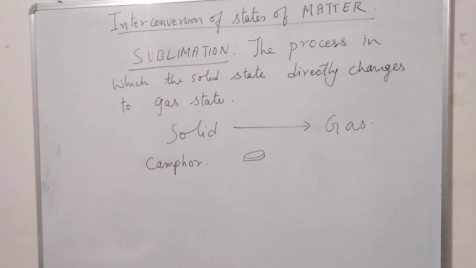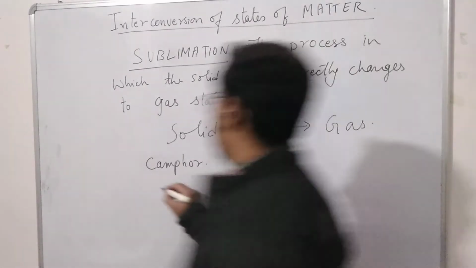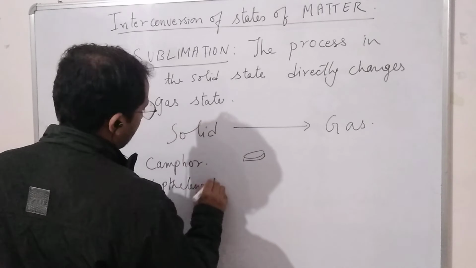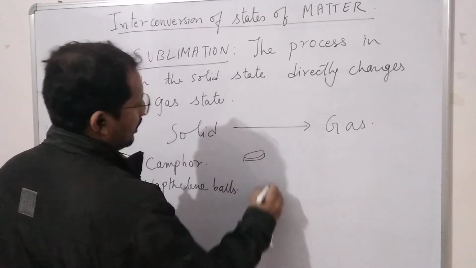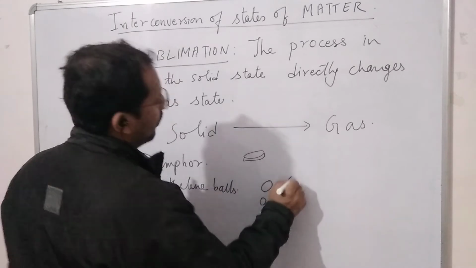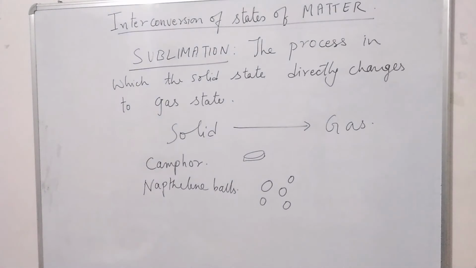Another is the naphthalene ball. Naphthalene balls are those white colored balls which your mother uses to keep the insects away.